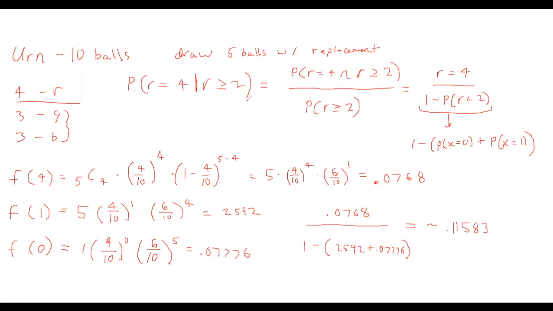So in other words, knowing that we drew at least 2 red balls, the probability that we drew 4 is 11.583%.